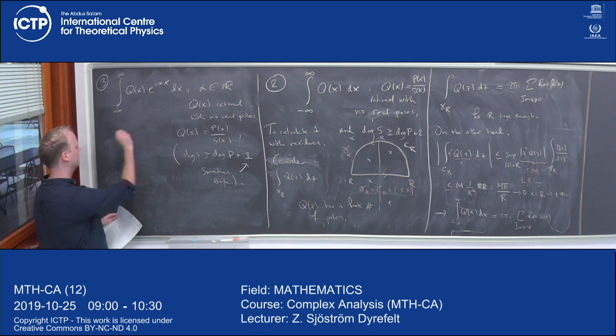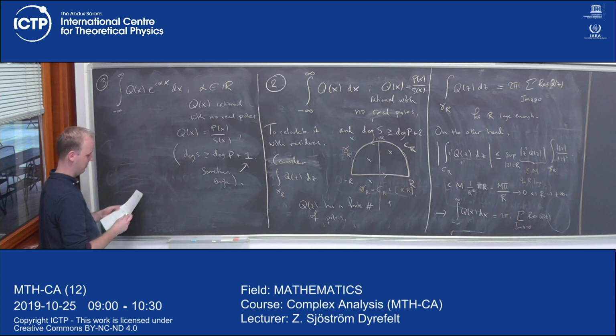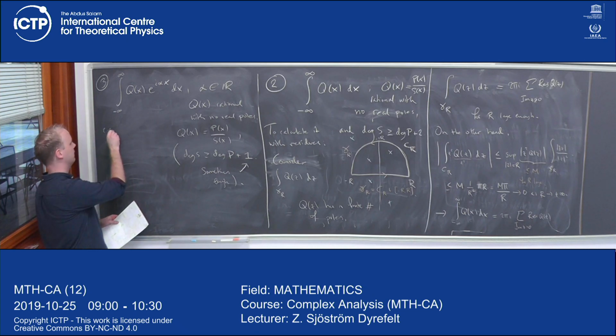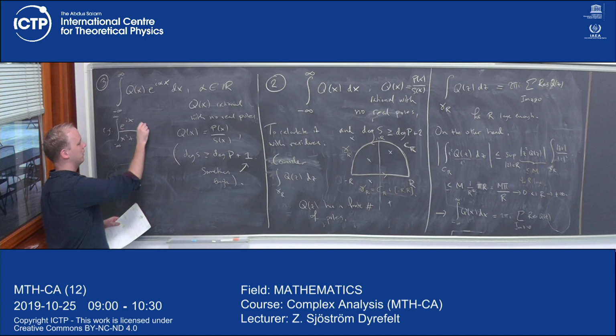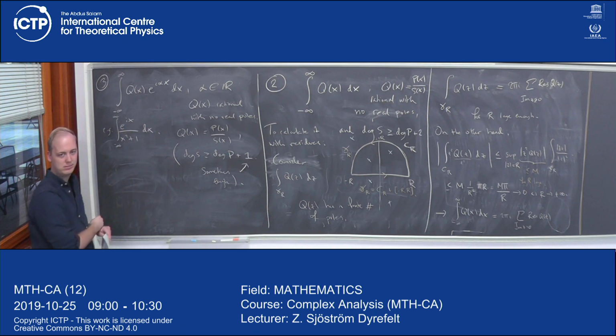Now, we're talking about an integral like the one we saw last time. So, for instance, the integral of e to the i x over x squared plus 1 dx. X squared plus 1 is always nice because it's the easiest one where you know the roots are not real. They are i and minus i, and you can visualize everything.